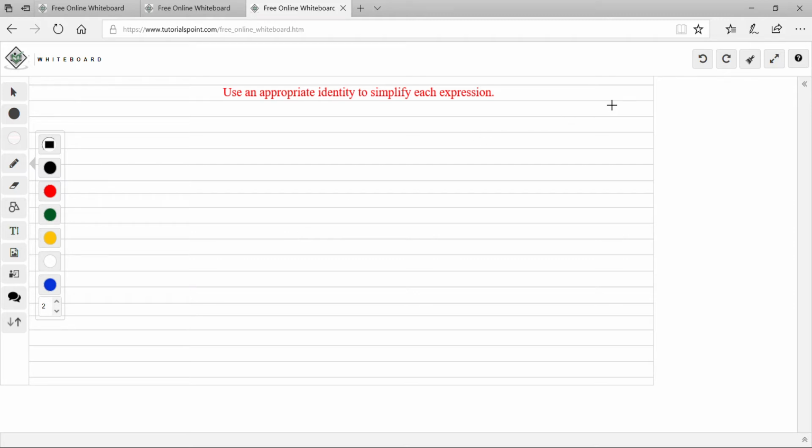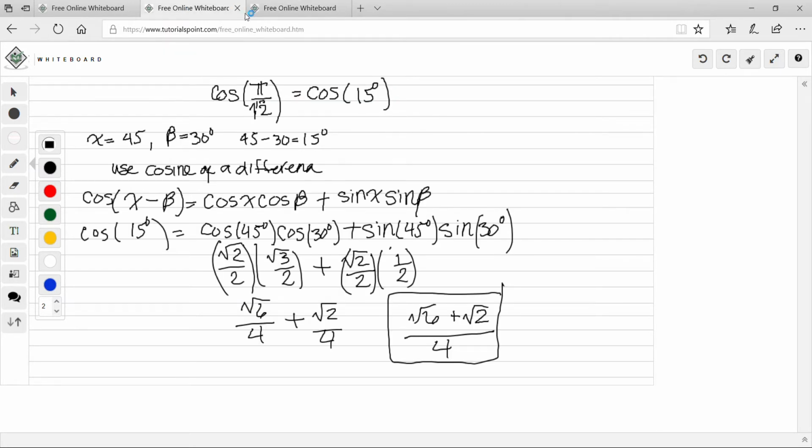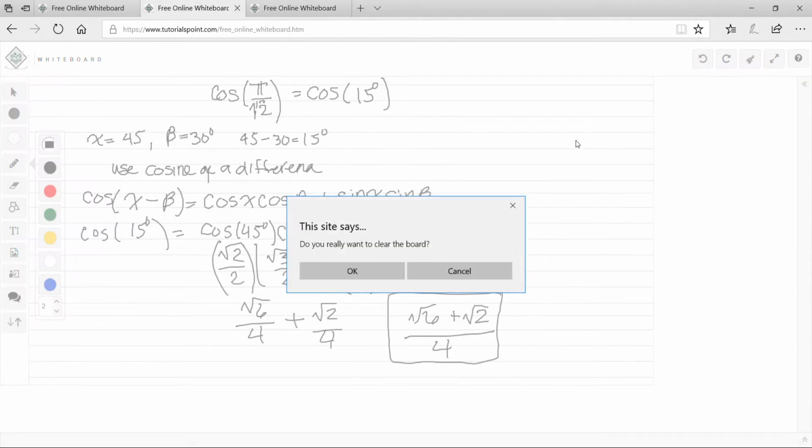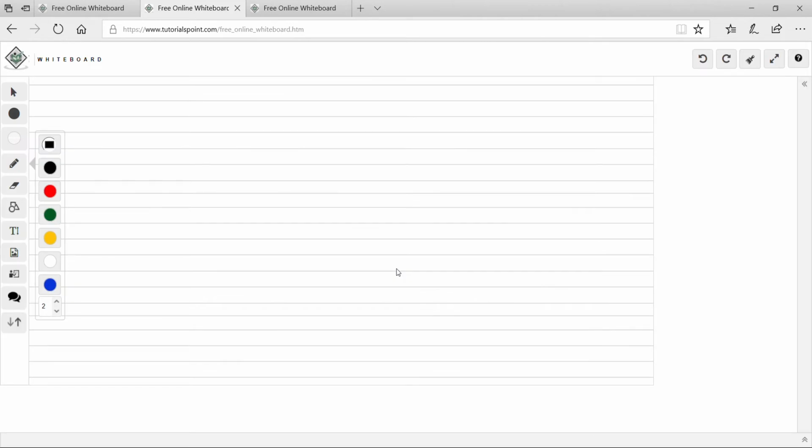Same idea, using the cofunction identity. So we've got to find the exact value of sine of 195.